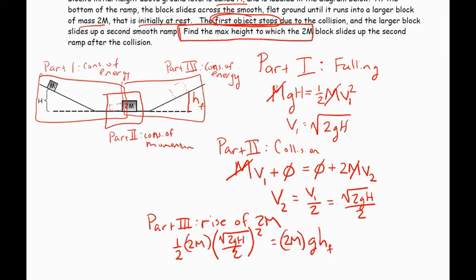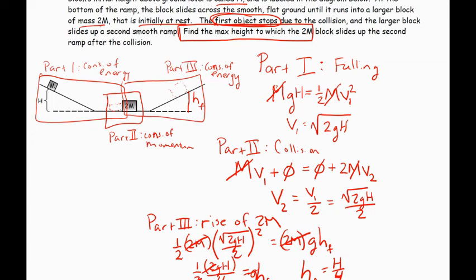Okay? So my 2m cancels on both sides. And when I square everything, I get 1/2 times 2gh divided by 4. So my 2's cancel here, and I get g h final. So then my g's are going to end up canceling. So I get h final is equal to H divided by 4. Or it goes 1/4 as high as block M started.